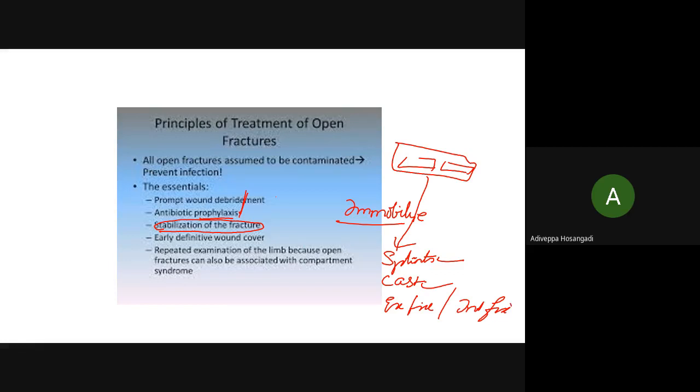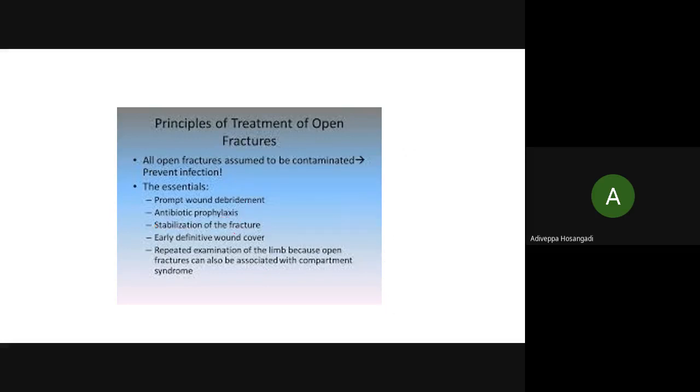So now you have seen that the wound is clean and there is no chance of infection. Now the fracture also has to heal, so you have to stabilize the fracture. Once the fracture is stabilized, you have to cover the wound. This is where your plastic surgeon colleague will come into the picture. This is why open fractures are considered emergencies.